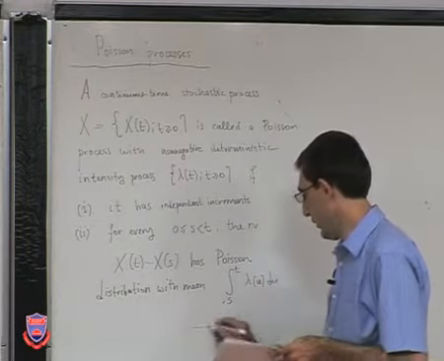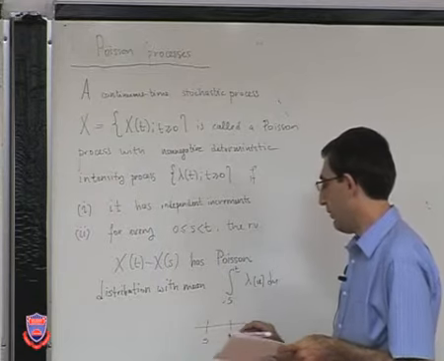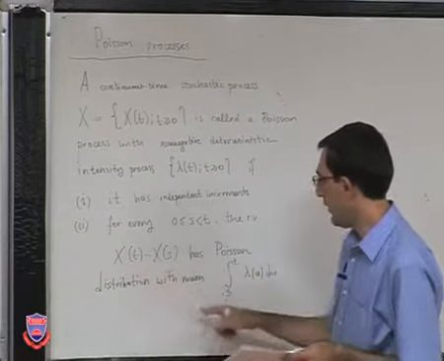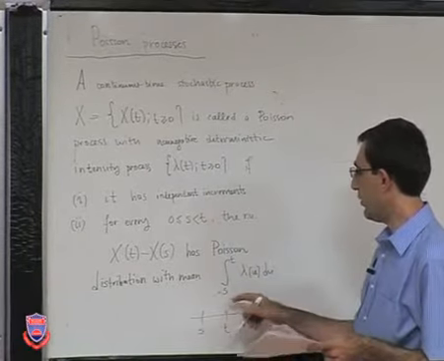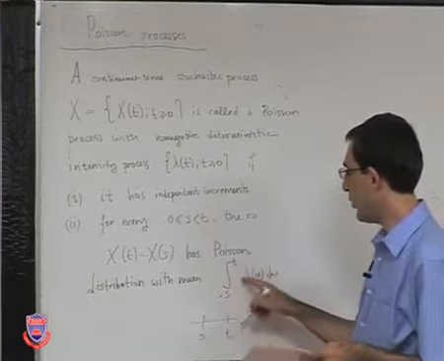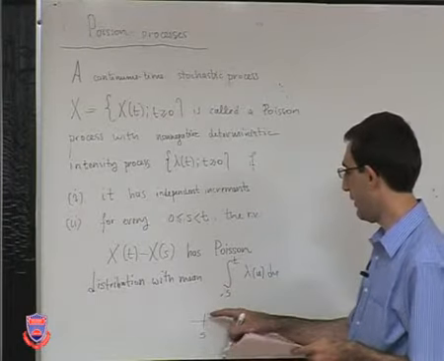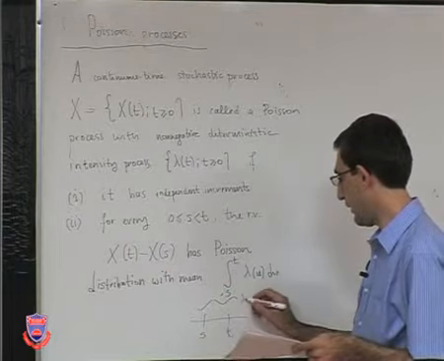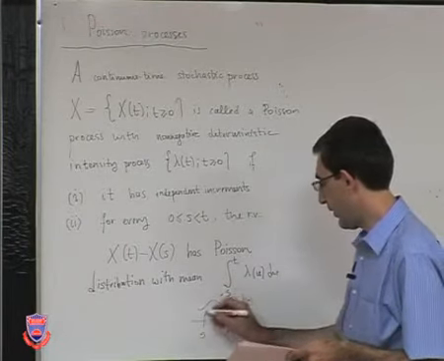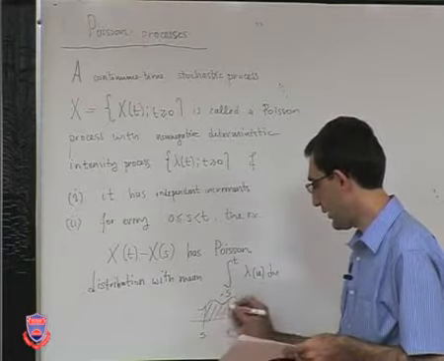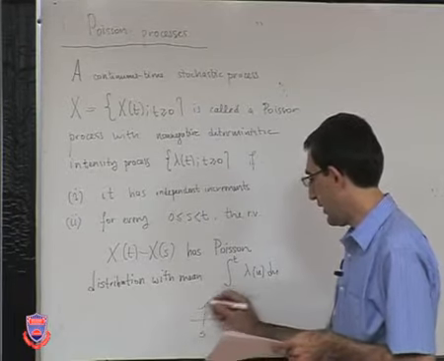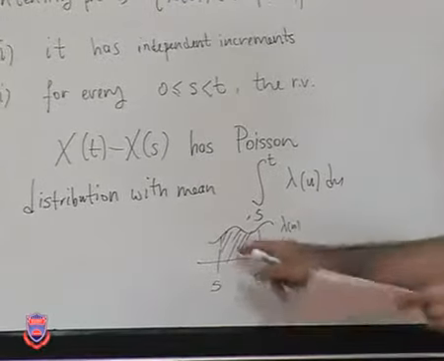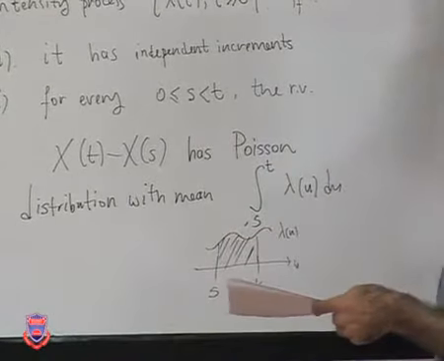So we have an interval from S to T. Then the increment of this process over this interval has Poisson distribution with mean found by integrating the intensity process lambda over this interval. So this area under the intensity curve from S to T will give us the mean.